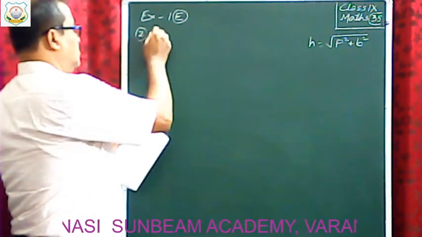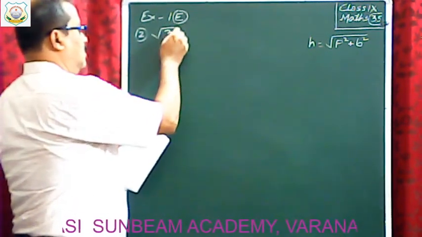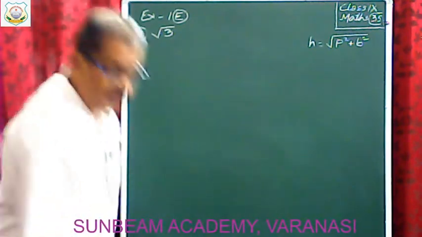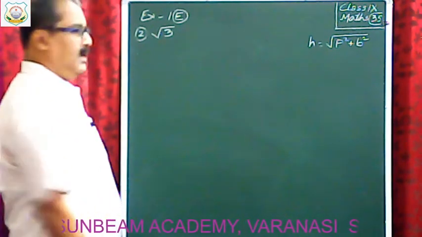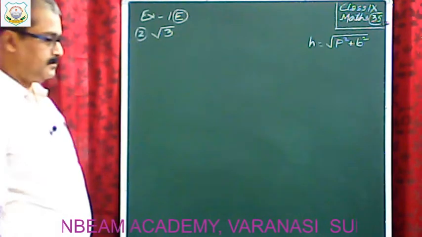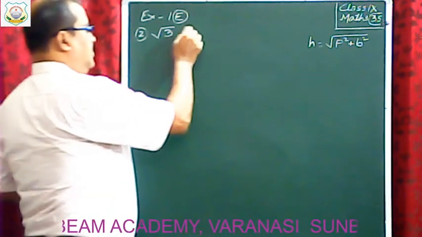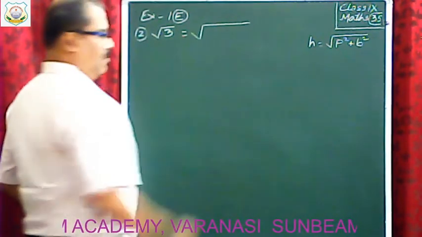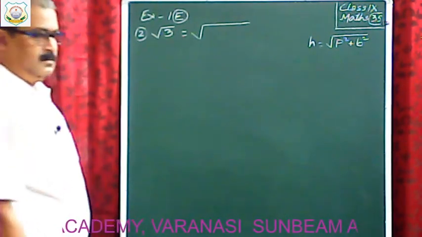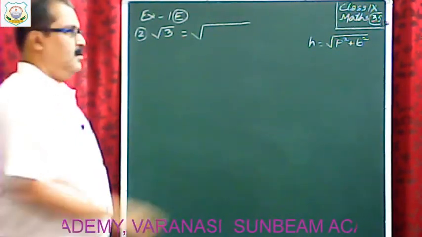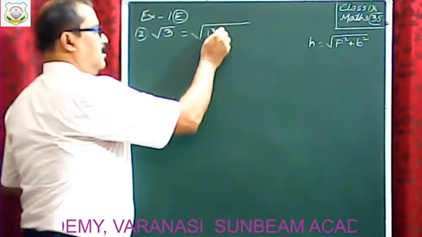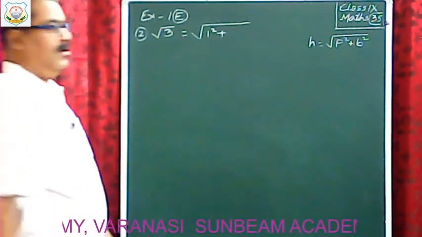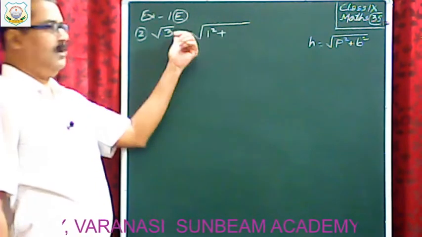Question number 2, square root 3. Again, you have to follow the same steps. First of all, you have to express square root 3 using the Pythagoras theorem. 1 square is 1, plus 2 equals 3.